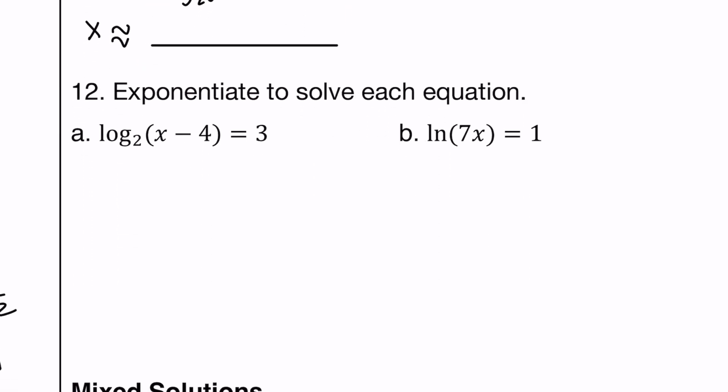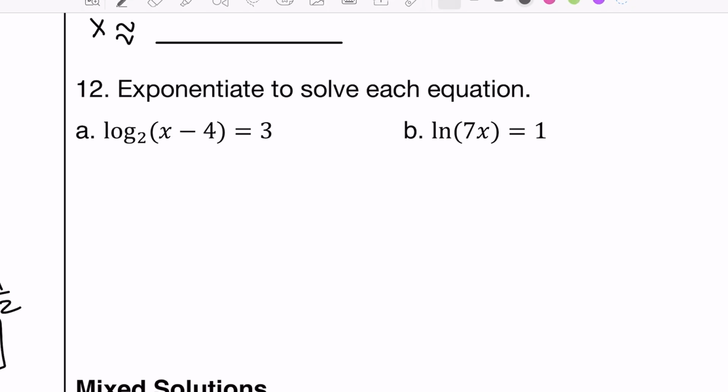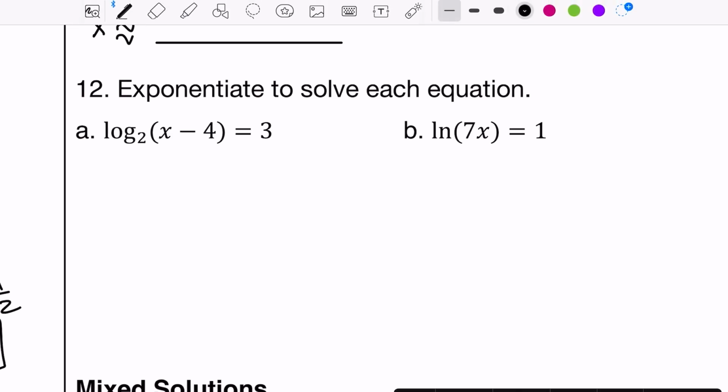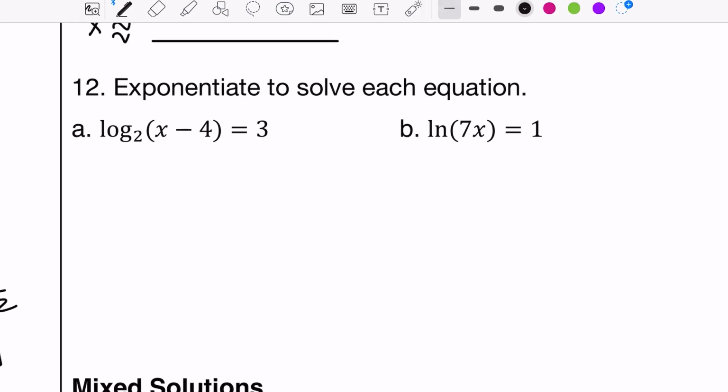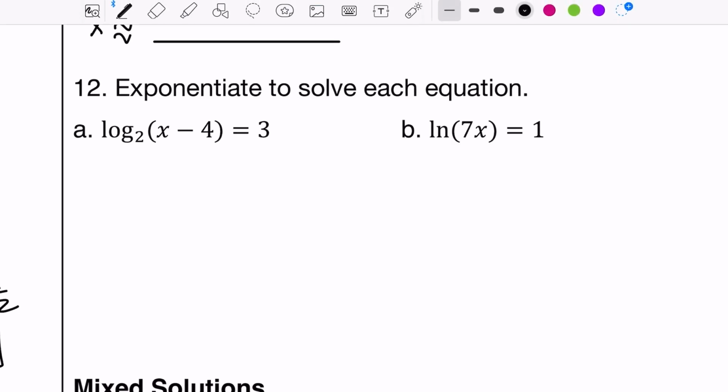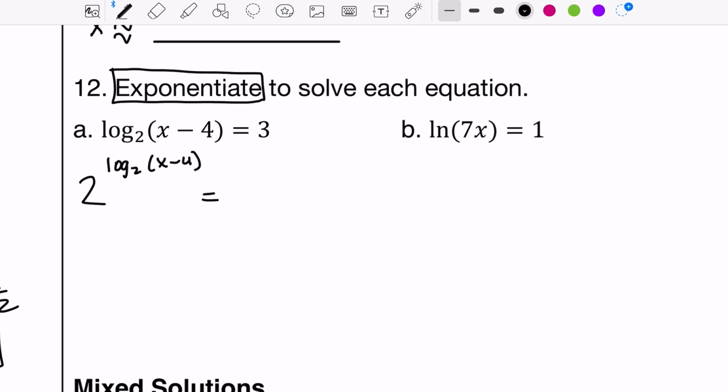The last part of this test and worksheet and unit is to exponentiate, to solve these equations. So again, they start with the logarithm, so it makes sense that we're going to put both sides of this equation into an exponential with a matching base.